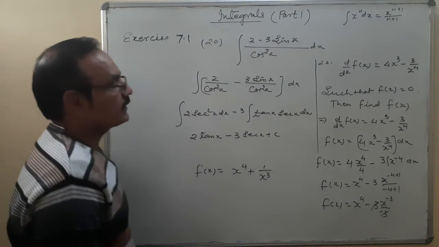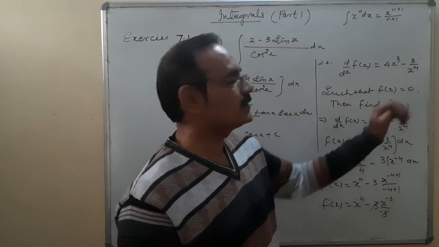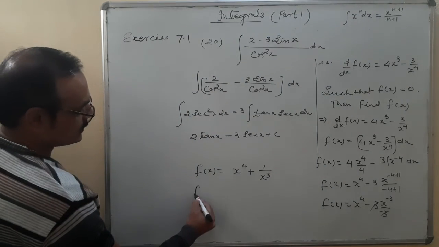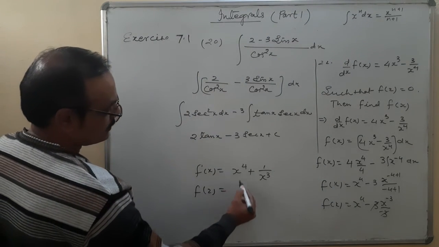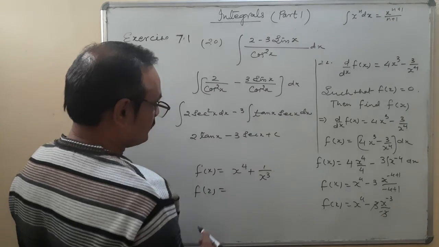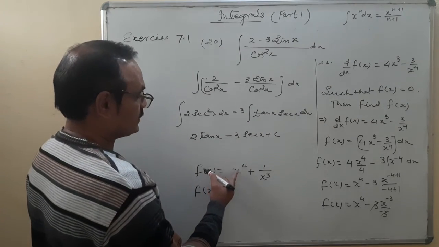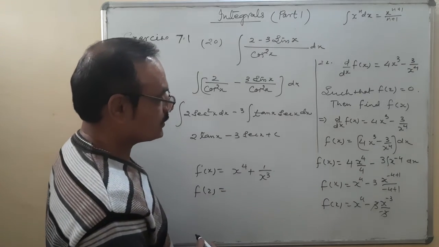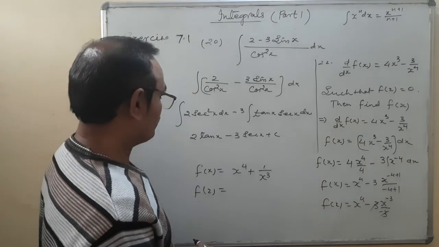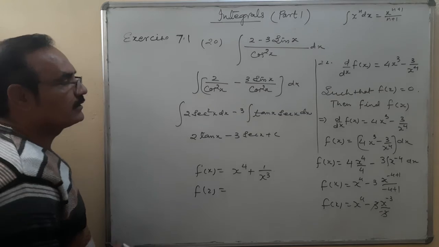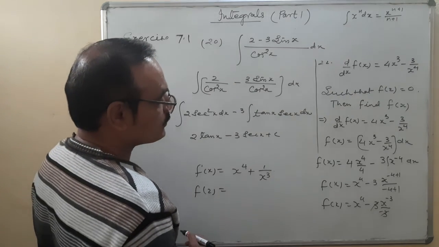Okay. Clearly it is mentioned that f of 2 is equal to 0. So when we put x is equal to 2, f of 2 is equal to 0, and we are finding the value of the constant in f of x.